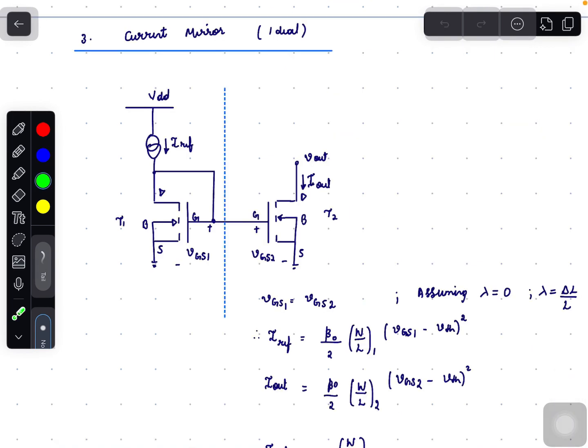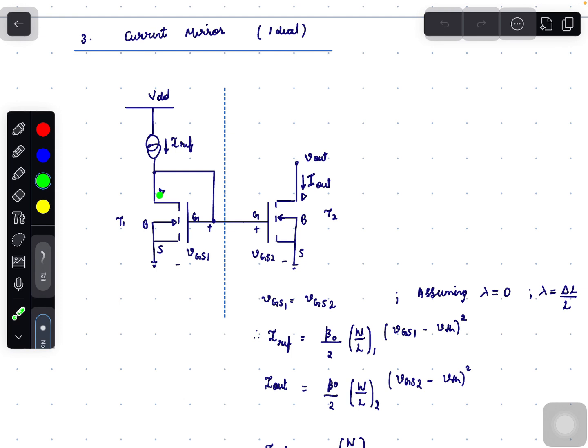The current mirror: take the circuit which generates constant bias voltage and feed the constant bias voltage to an NMOS transistor T2. This results in a current mirror. So we have IREF, which is a constant current source. This current is fed to an NMOS diode.